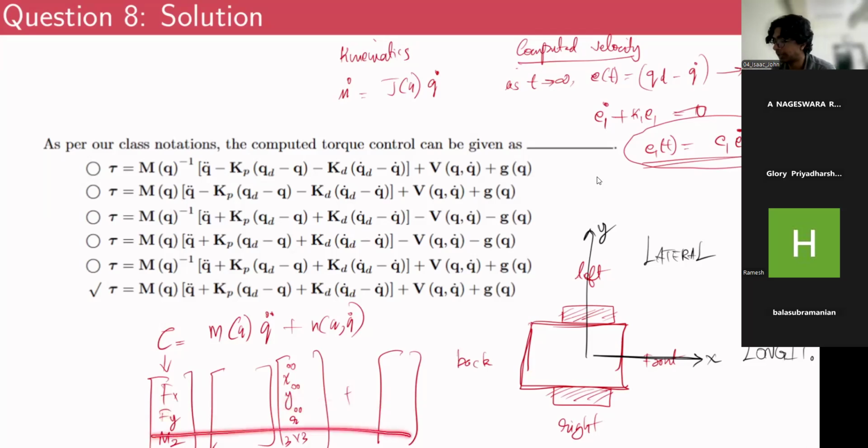And the third entry would be the torque along the vertical z-axis. So if you can find this expression from his lectures, what you get from the first row would correspond to the forces acting in the longitudinal direction. Because Fx is basically the longitudinal force, Fy is the lateral force, and Mz would be the torque about the z-axis.